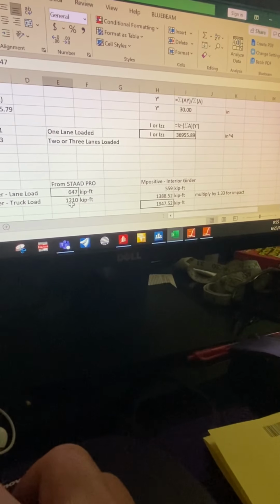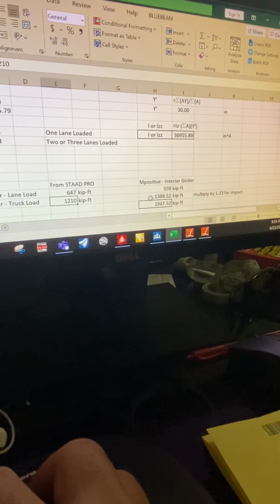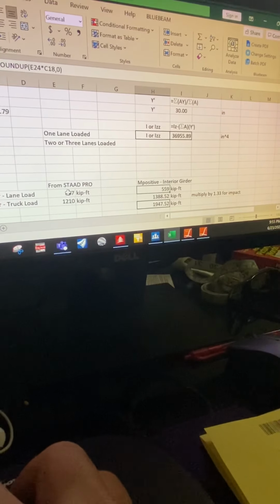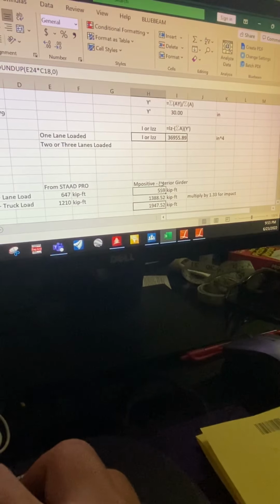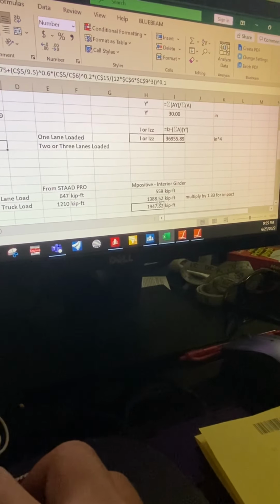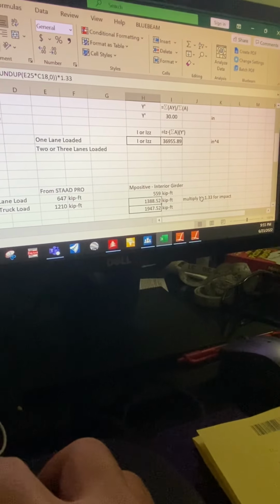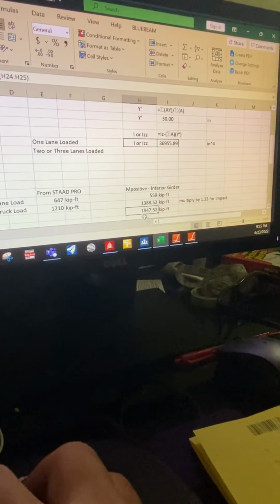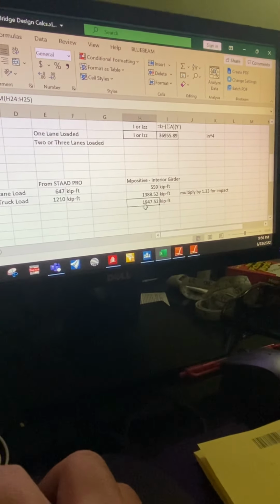We get 647 and 1210. For the lane load, we came up to be 559 for the first interior girder. That's the distribution factor. We multiplied that to that. We multiplied this by the distribution factor. We multiplied by 33%. We have the total maximum positive moment of 1,947 kip feet.